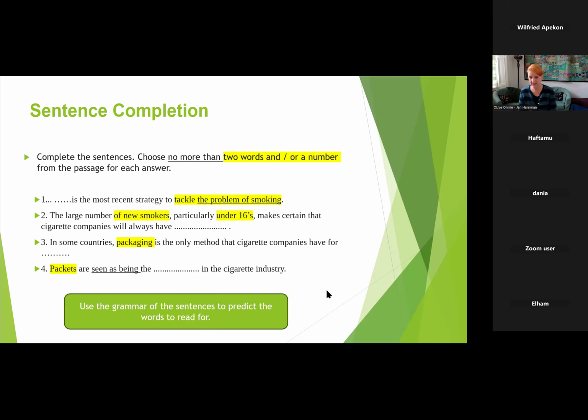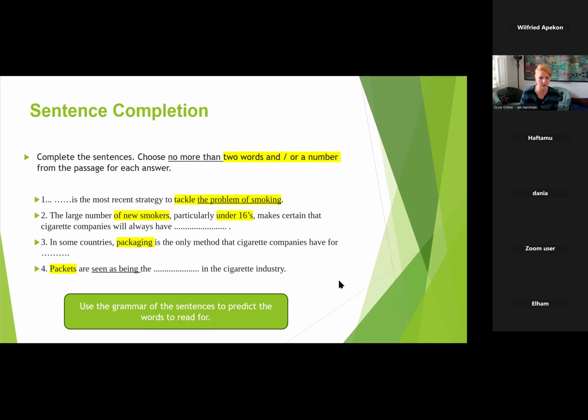So shall we go see? Are we ready to look at the article? Do you know what you're scanning for? So we need a strategy to tackle the problem. We need a technique to stop people from smoking. We need to confirm what we already can tell is the answer for.